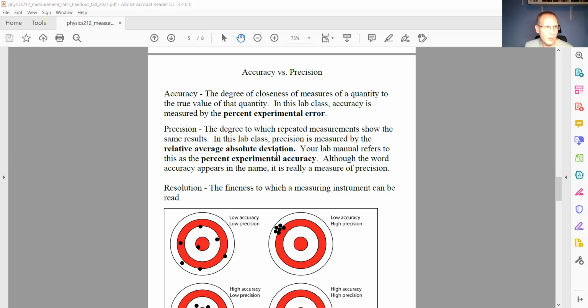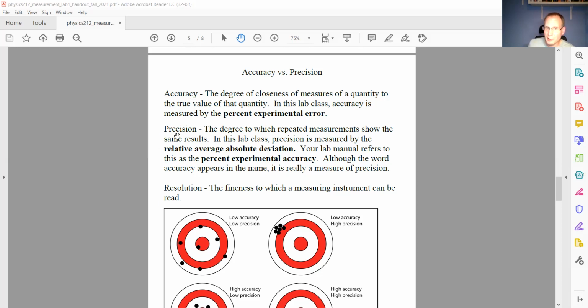Now here's the confusing part. The lab manual, which was originally written in the early 70s, the first edition, has some older terminology. It refers to this measurement, the relative average absolute deviation, as the percent experimental accuracy. And we're kind of stuck with that terminology. So it's called percent experimental accuracy, but it's not really a measure of accuracy.